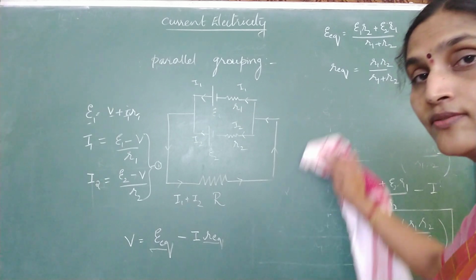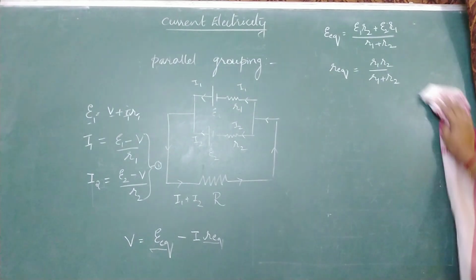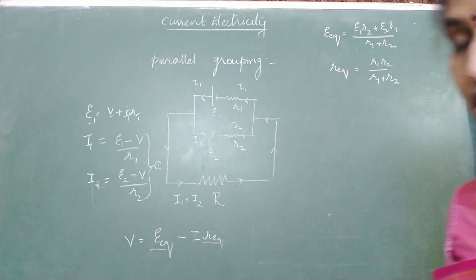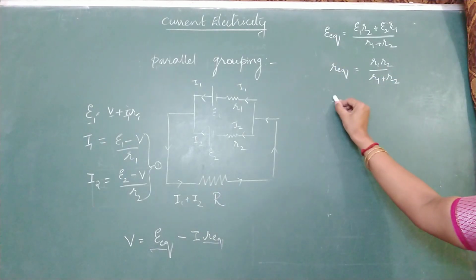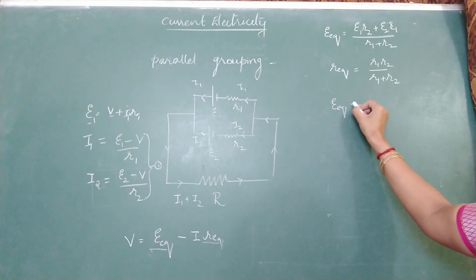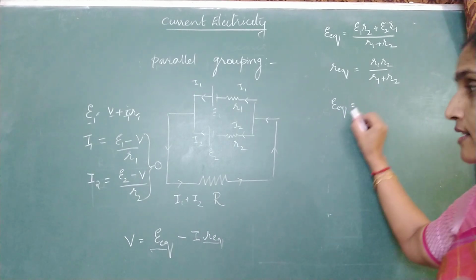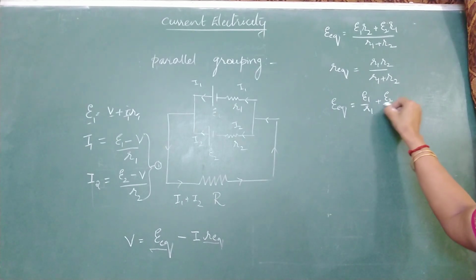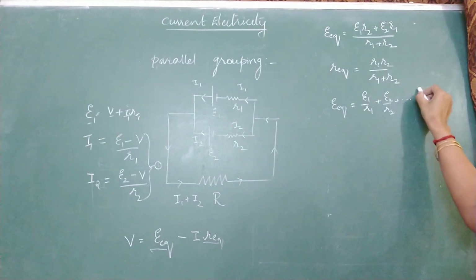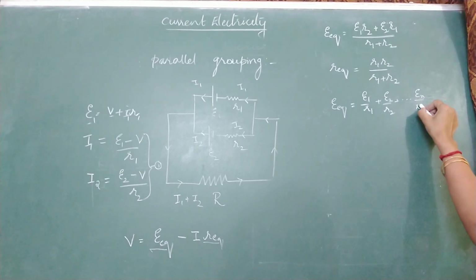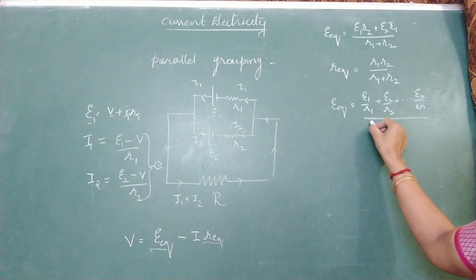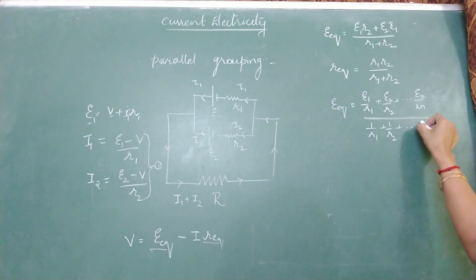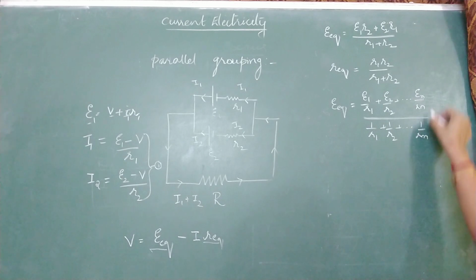Then how to modify it for n number of cells in parallel combination? In that case, I'll give the general equation. You can write E equivalent as (E1 by R1 plus E2 by R2, as many cells as you have, up to En by Rn) whole divided by (1 by R1 plus 1 by R2 and so on up to 1 by Rn).